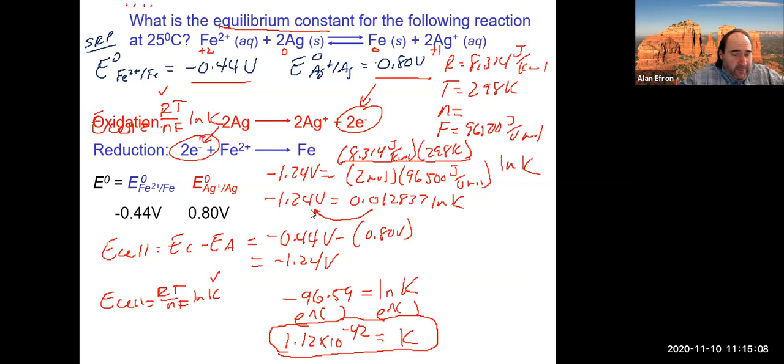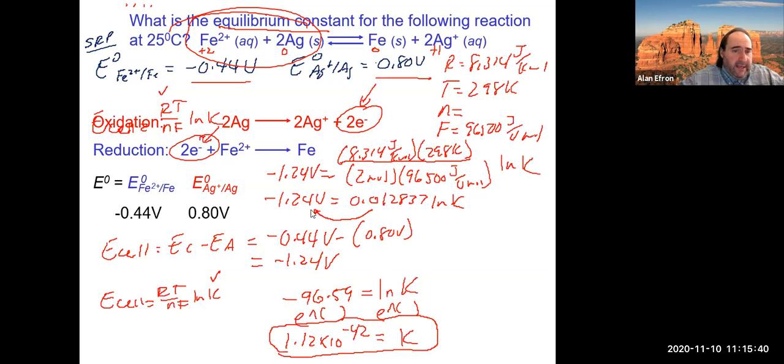We did see that we got a negative value for our voltage. A negative voltage means that we should also have a positive delta G. Both of those things tell you that this reaction is non-spontaneous the way it's written, which basically means this reaction should be hanging out on the reactant side. Since it's hanging out on the reactant side, we should expect a small value of K, which that definitely is. So again, it does make sense.